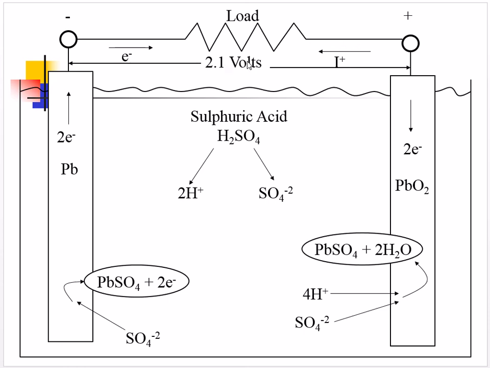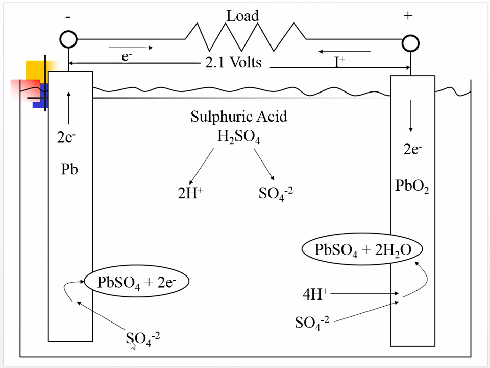If you look up lead and lead oxide, you're going to get 2.1 volts because of those 2 materials. We use sulfuric acid, so we have a lot of hydrogen ions or protons floating around in there, and we have a lot of sulfate ions in the electrolyte. Of course, there's also a lot of water in the electrolyte, and these dissociate.